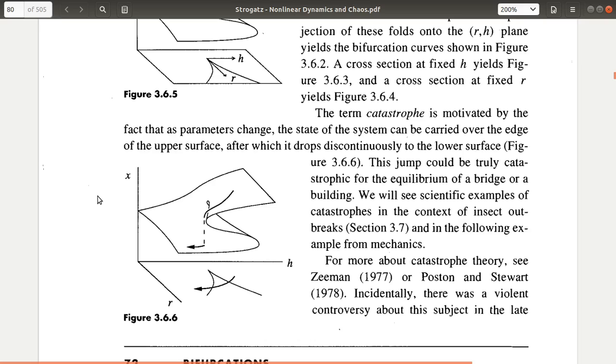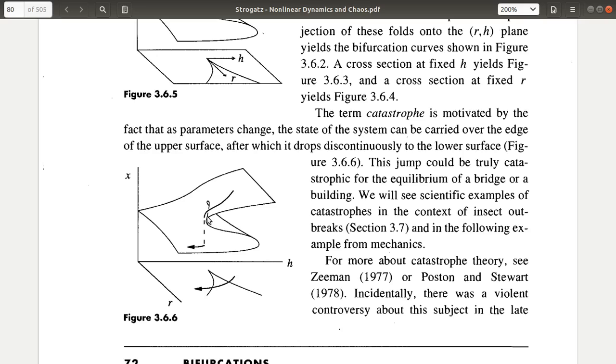This behavior is termed as catastrophe. The reason it's termed catastrophe is that in a physical system, we observe a sudden change in the equilibrium point or fixed point, and that's a bit dangerous, for example, for a structure.